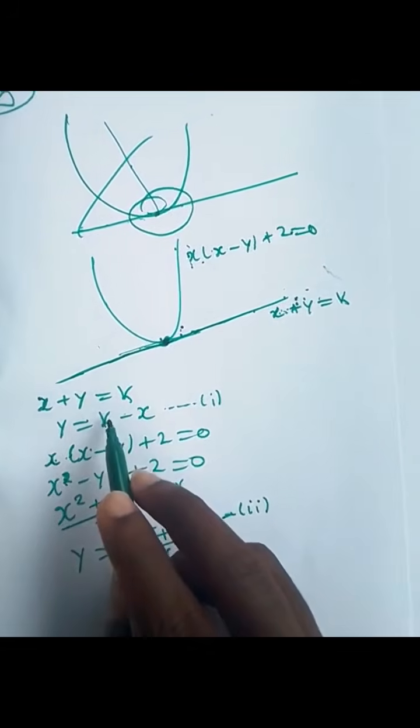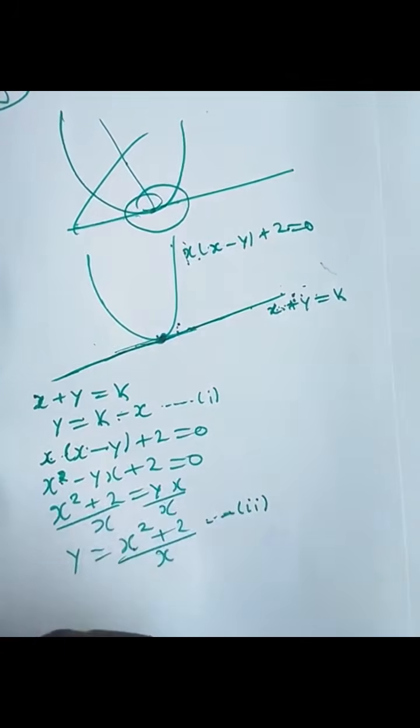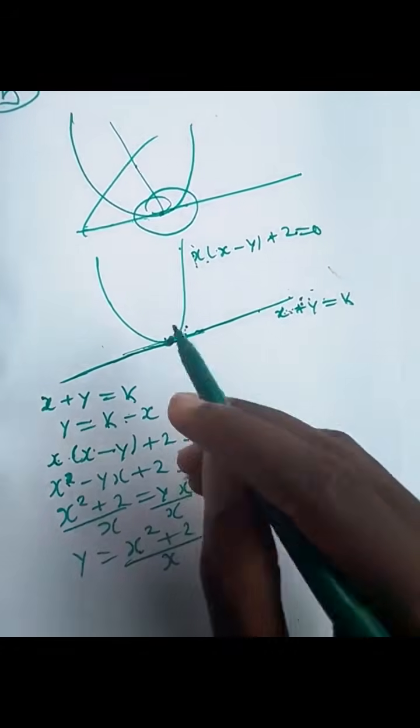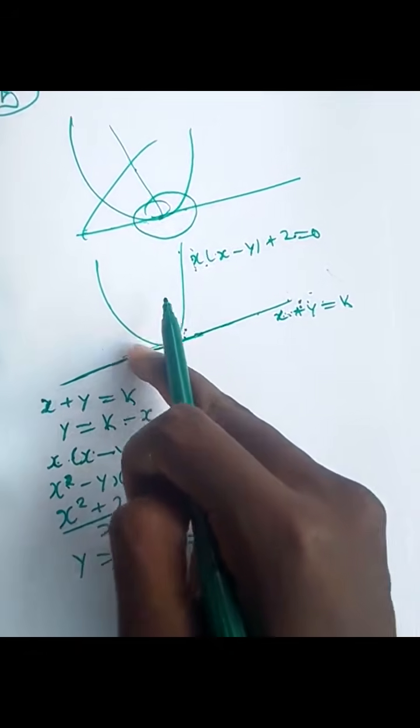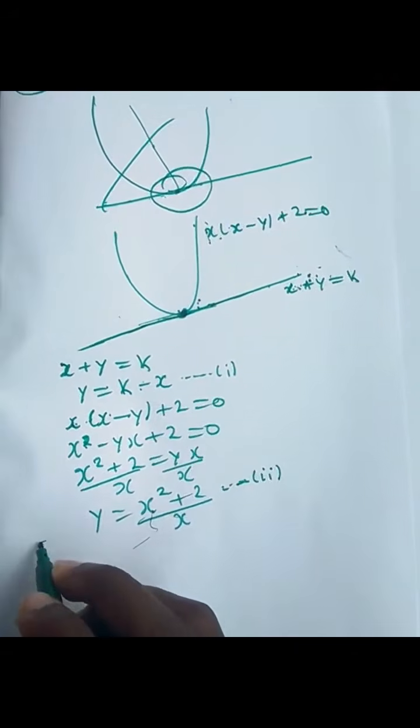Now, you can equate them to each other and start solving, because these two are meeting at a certain point. Or you can just solve them simultaneously. You can use any approach.